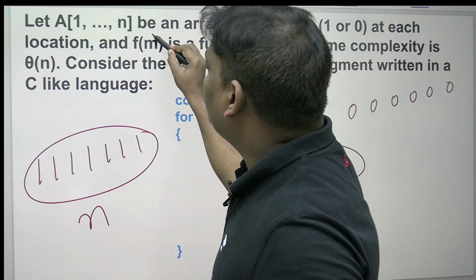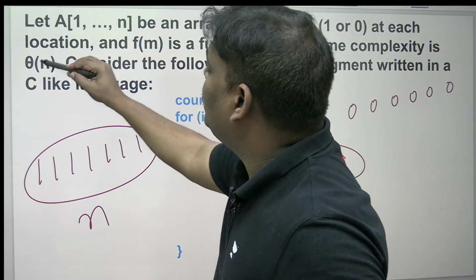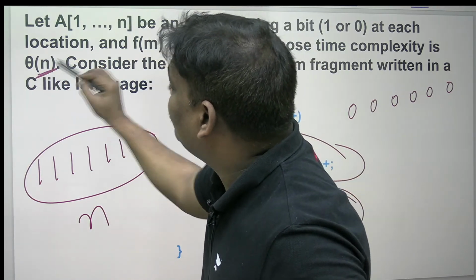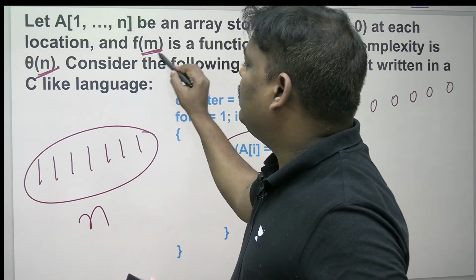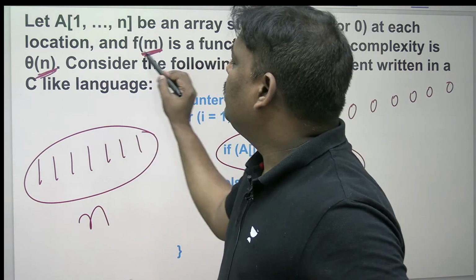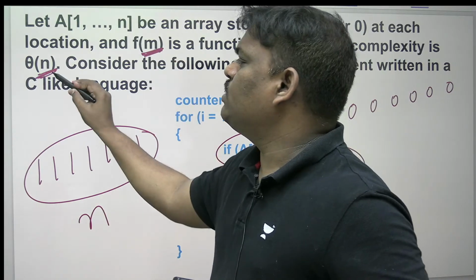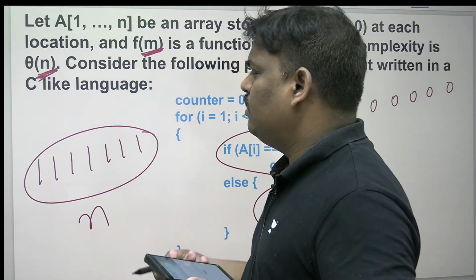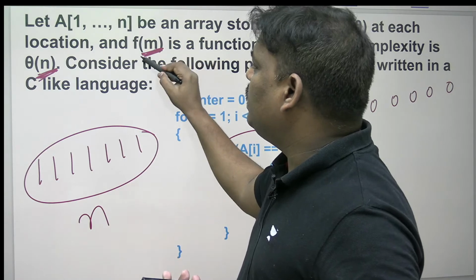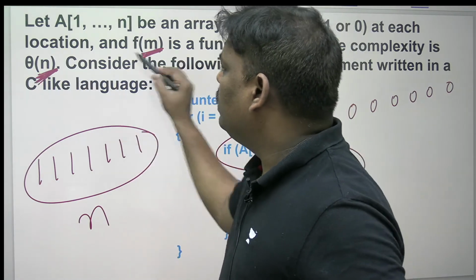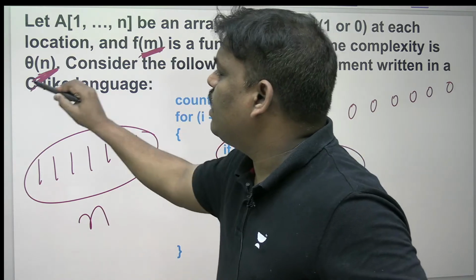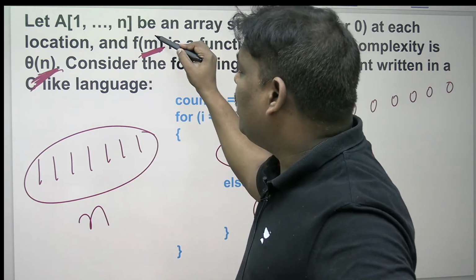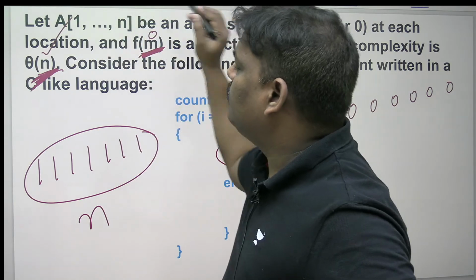f(m), time complexity theta of n. n and m have no relation. When m changes, n doesn't change because there is no relation. In the previous problem, if you see, that m changes, so that also changes, but here it doesn't change. So for m value 0, this is still n.